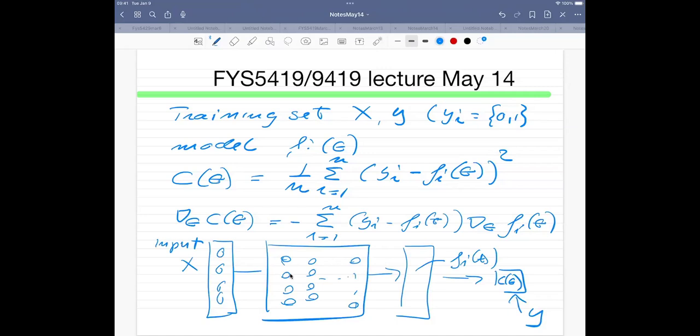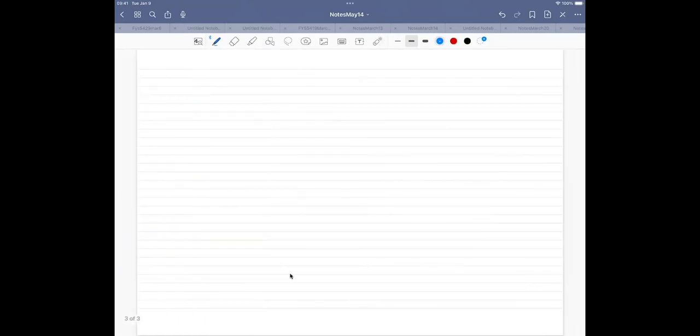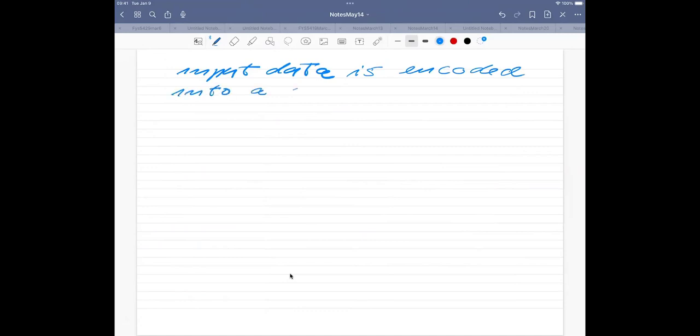Now, when you then do a quantum neural network, what we have done is that the input data is now encoded, and this is the part which we discussed last week, into a quantum state, which we are just going to label as psi of I.